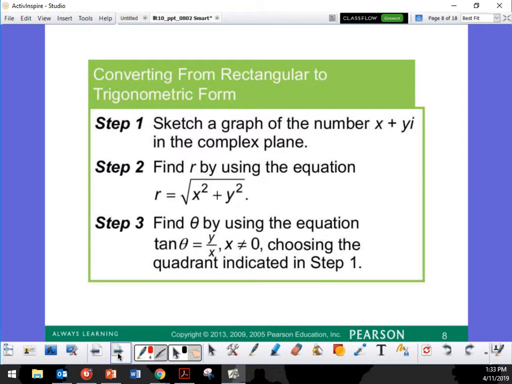So what am I going to write down right now? Theta equals inverse tangent of y over x. That's important because that's going to be your steps to find theta.